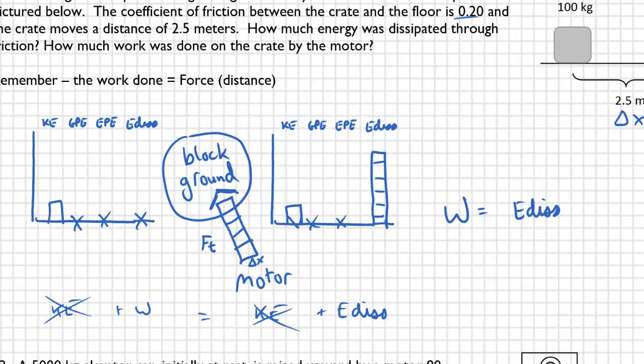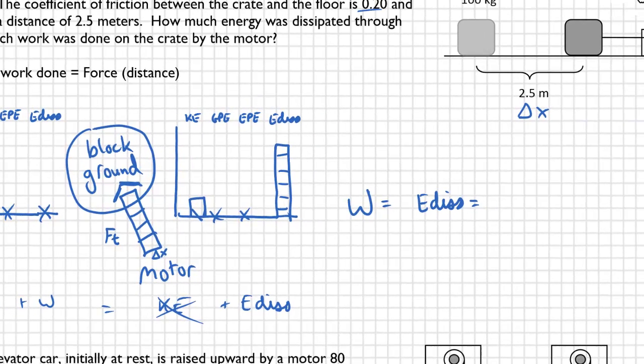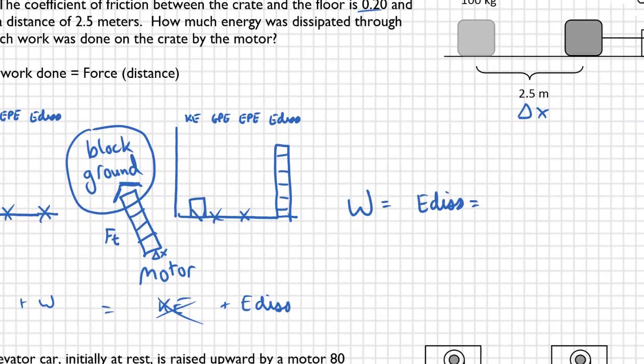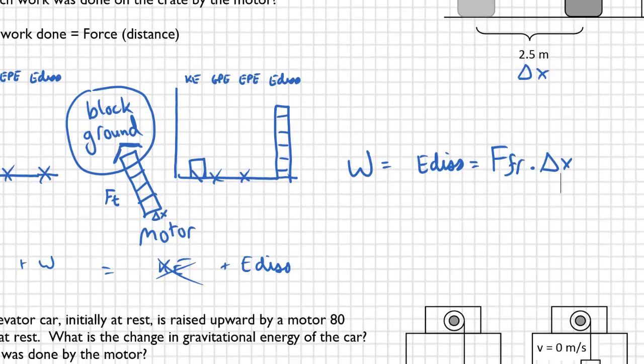2 for 1. So when I look for the amount of energy dissipated by friction, or the work in this case, we're going to need to figure out the force of friction and how long that force of friction was acting. So, force of friction, I'm going to go back and remember, to figure out the force of friction, I need to know how hard the surfaces are pressed together, the normal force, and how sticky the surfaces are.